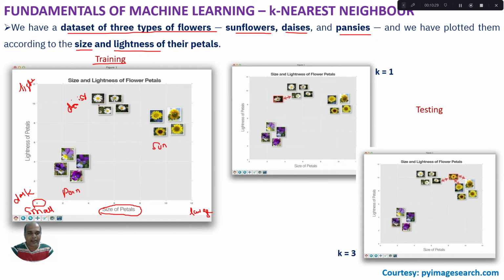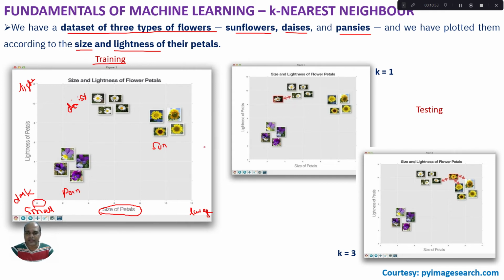Daisy is the brightest of the three categories and its petal size lies between pansies and sunflower, so it comes here. So now we have used this data set for training our machine learning algorithm so that it has learned how a pansies, sunflower and daisy look depending upon the two features, size of the petal and lightness of the petal.